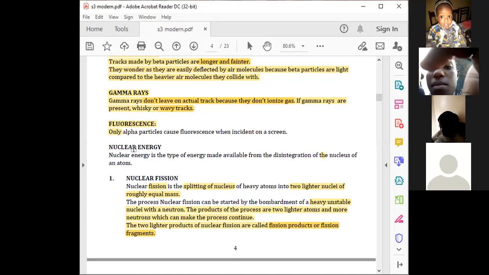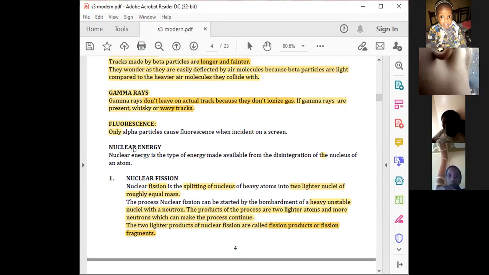Here we are going to focus on an atom, its nucleus, either splitting or combining. Nuclear energy has two things that we are going to focus on: to fuse and to fizz.